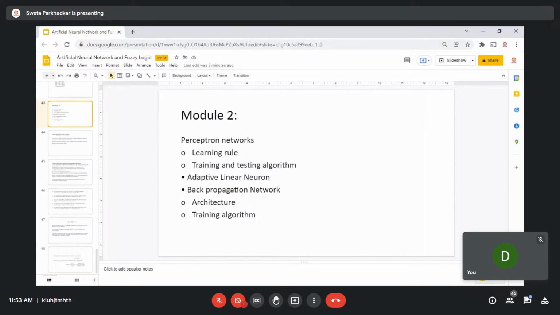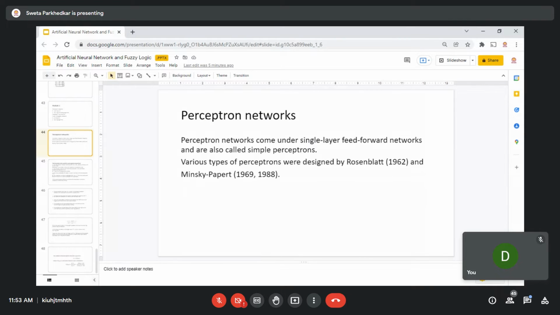So, in this module, we will see the perceptron network, adaptive linear neuron, and the back propagation network. Now, basically, what is a perceptron?